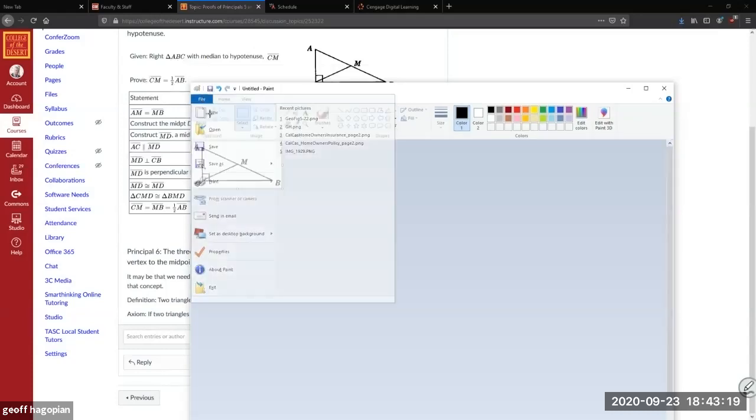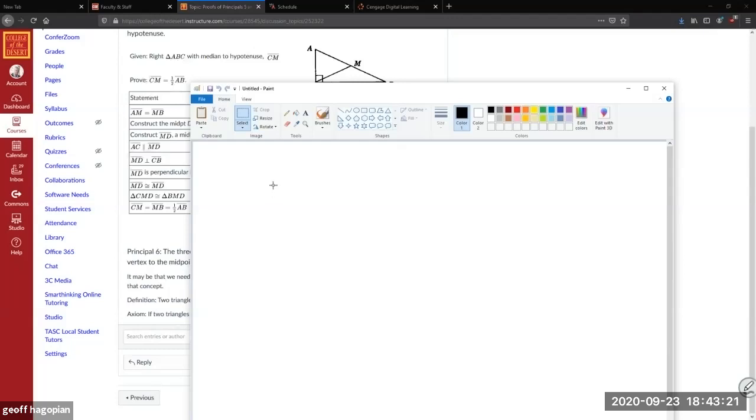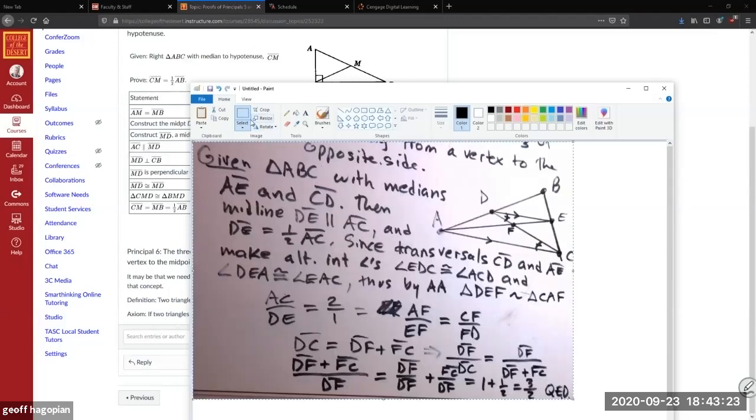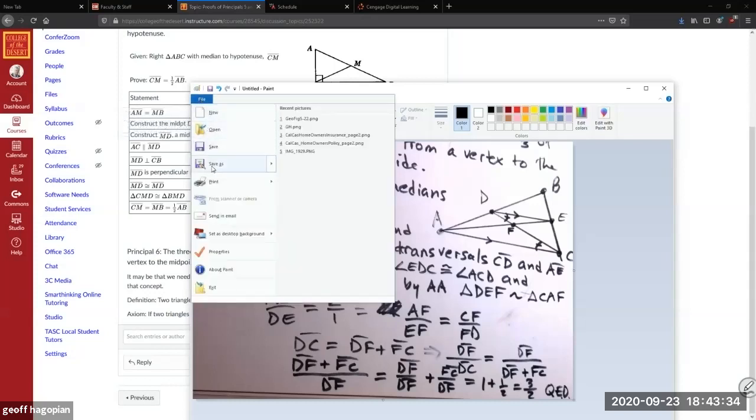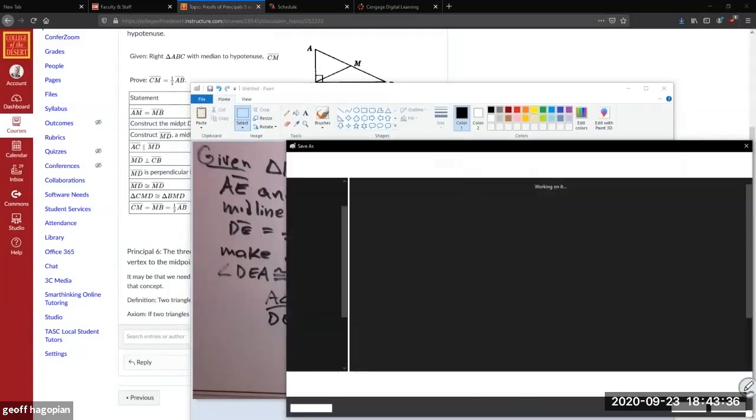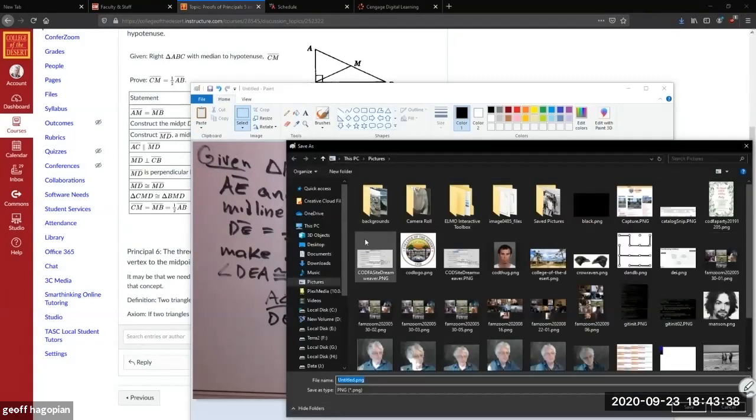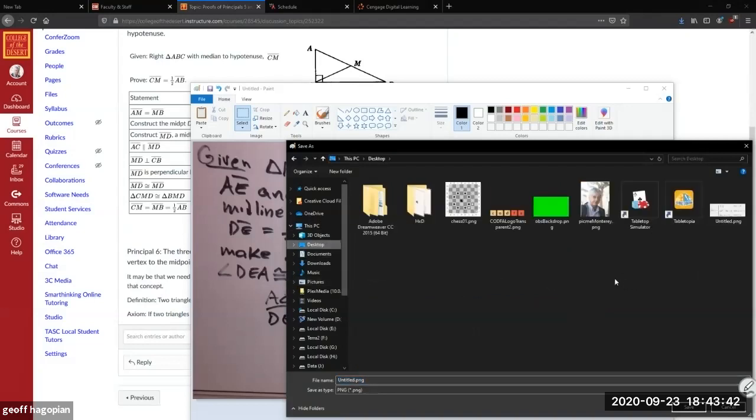So I guess File, New. Then I'm just going to paste into there. Okay, and I'm going to crop, because otherwise I get all this other stuff in addition to what I have. And then I say Save As, and it's going to give me a dialog window.